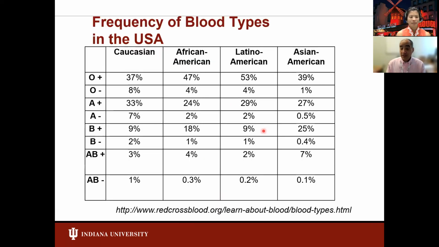So this is really the distribution amongst people in the United States, and what type of blood they actually have. Again, depending on your ethnicity, it varies a little bit, but you can see type O and type A are probably the most common blood types, versus type AB is actually relatively uncommon.